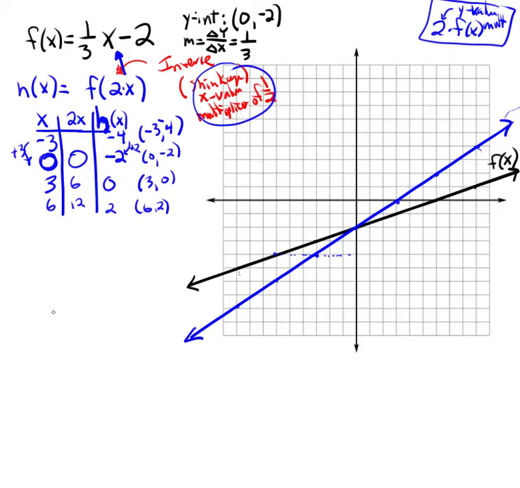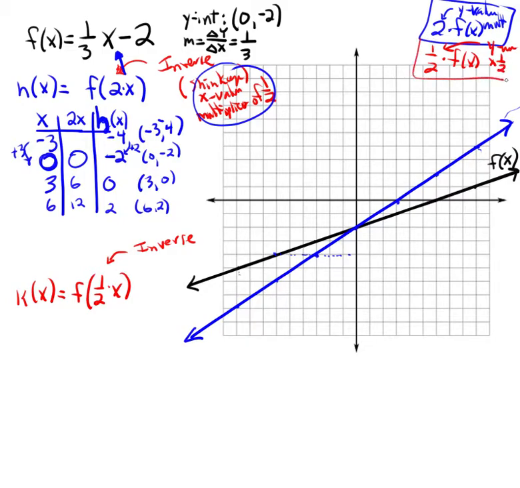So if I move to now, what happens when we have k of x equal to f of 1/2 x. So now inside here we have a times 1/2. So if I think about the inverse of that, because it's on the inside, different than if it was 1/2 times f of x, that would be our multiplier of our y values, a multiplier of 1/2, which would affect the up and down.